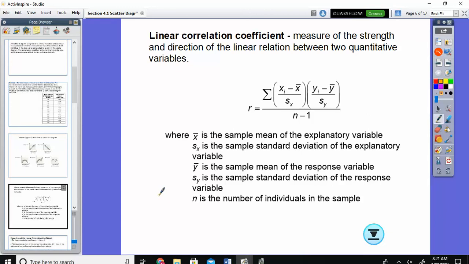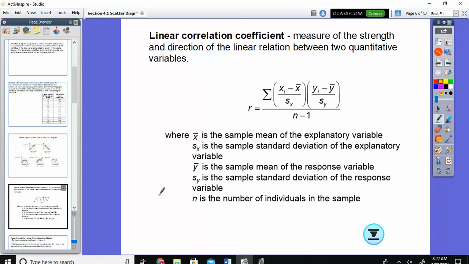We are now into the chapter 4 material, and the very first thing on there is the correlation coefficient R. Like standard deviation, it's very time consuming to do by hand. I may have you do 1 or 2 by hand just so we learn how, but it would be small data sets. Otherwise, we will use our calculator for finding those.